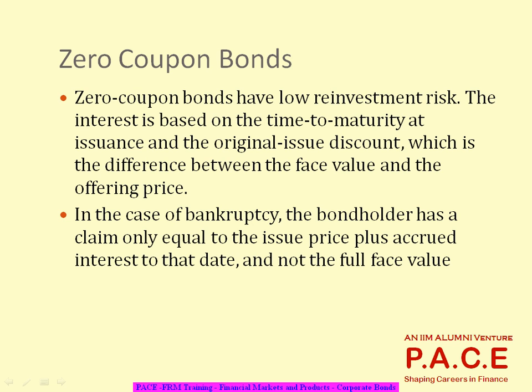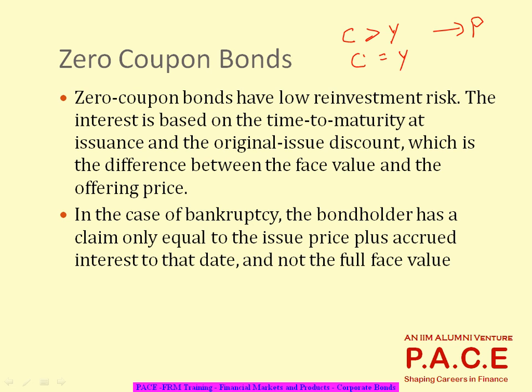The interest is based on time to maturity at issuance, and they are originally issued at a discount. Discount means because they are paying much lesser than the actual interest rate, much lesser than the YTM, they should be sold at a discount. So simply put, as an equation, if the coupon is greater than YTM, we say the bond is issued at a premium.